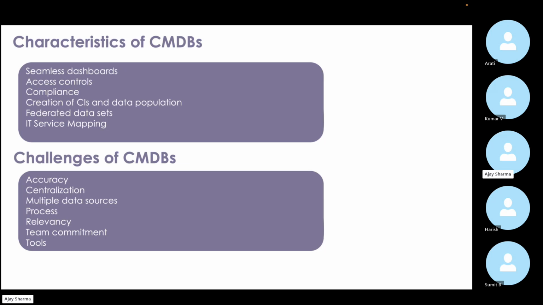Compliance again comes into the picture. We have to maintain compliance for the CMDB, right? Creation of the CI and data population is also required. Then federated data sets and IT service mapping. With federated data sets, a couple of times what happens is that we are able to discover the CI, but we are not able to get the manual attributes which do not come from discovery.